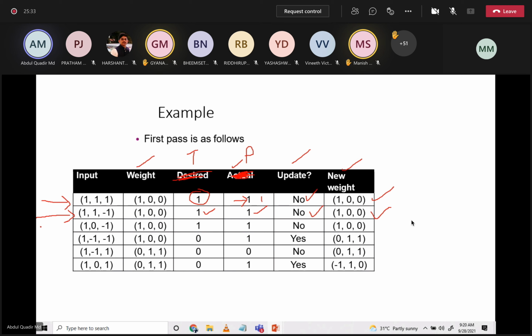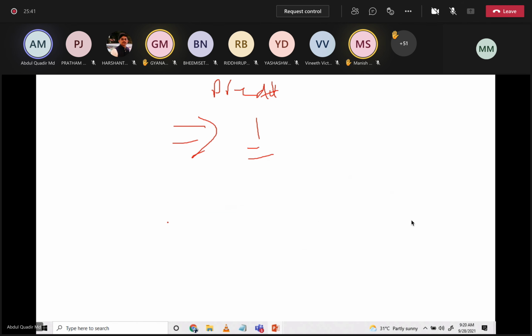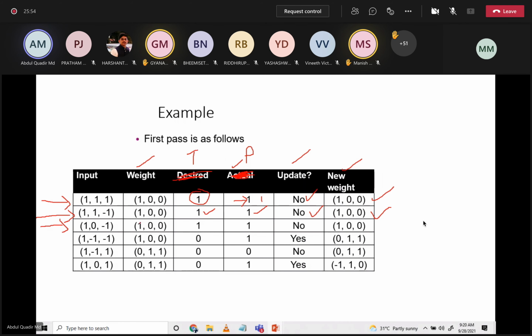Now we'll go back to this. The input is 1, 0, minus 1: x1, x2, x3.